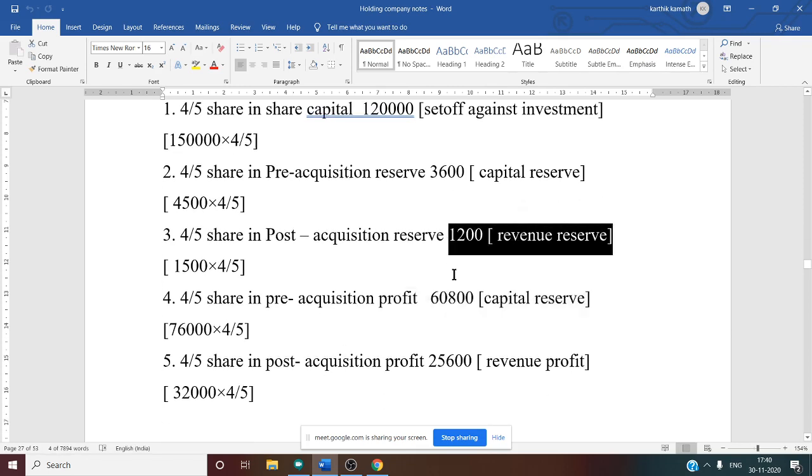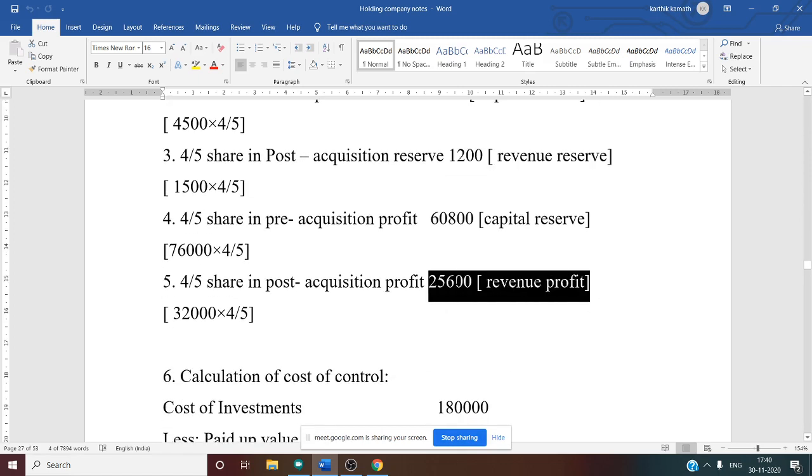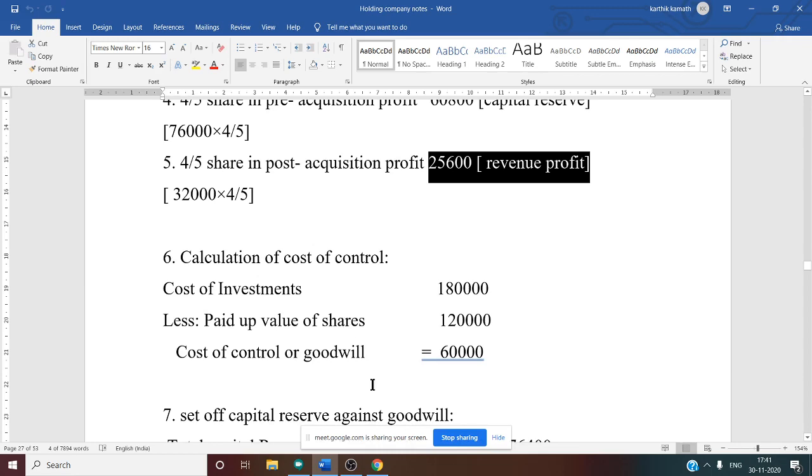You have to show this information under the consolidated balance sheet, under the reserve column, under the subsidiary limited column: 1,200. And similarly, this revenue profit under the profit column, subsidiary limited column, you have to show 25,600. So this is about working note number 5.